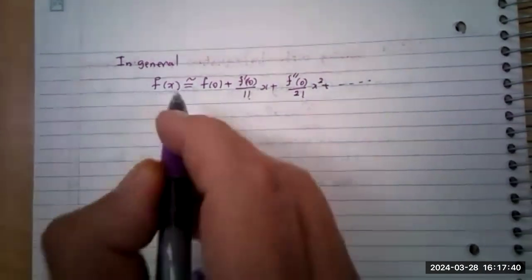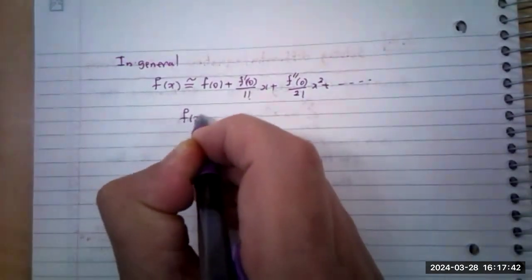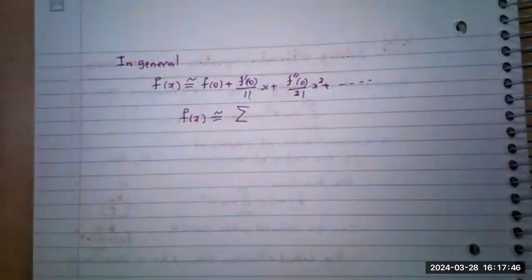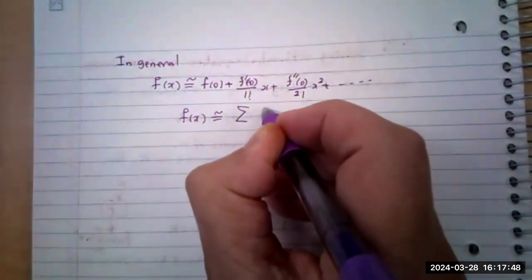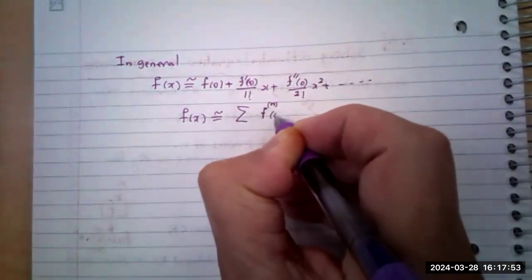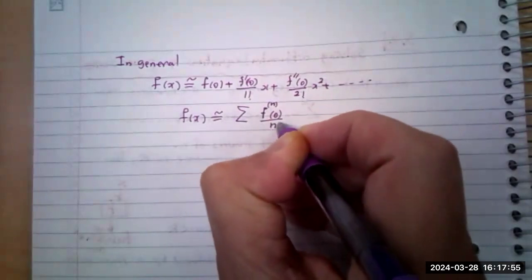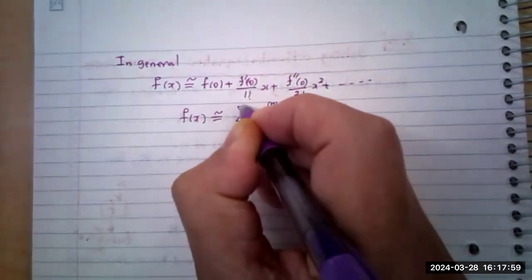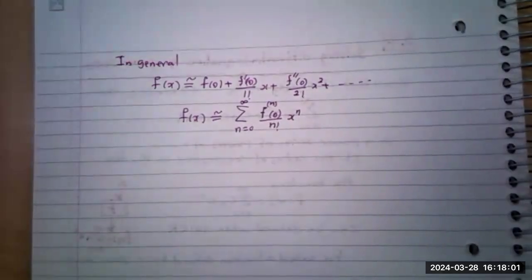So f of x can be estimated by the Maclaurin series or the Taylor series, which is the sum of the nth derivative of f at 0 over n factorial, times x to the n, from n equals 0 to infinity.